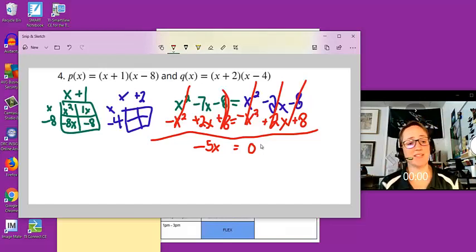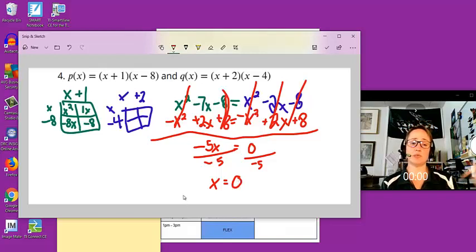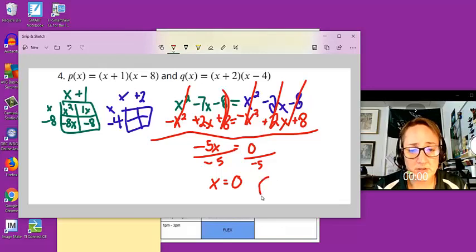Divide both sides by negative 5 to get the x by itself. And 0 divided by negative 5 is going to equal 0 all day long. So this happens when it's heading through the origin, actually. We have an ordered pair answer that's going to have 0 as our x-coordinate.